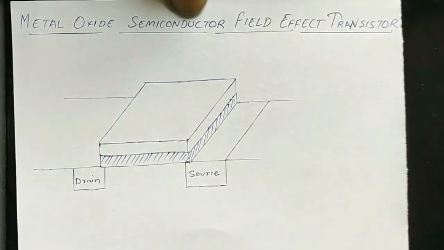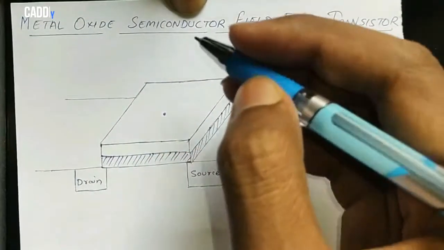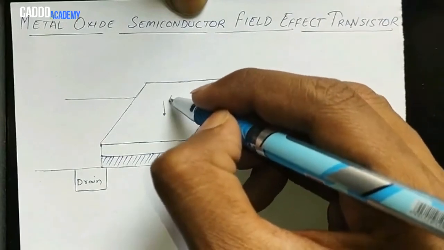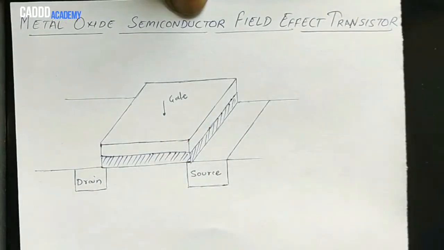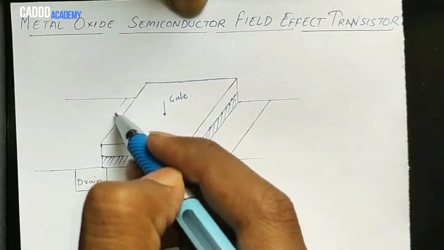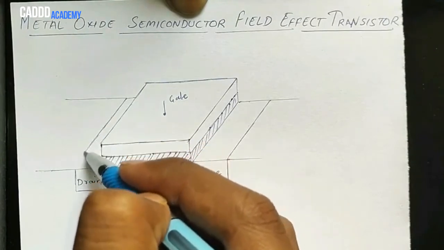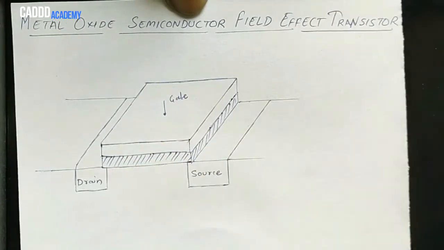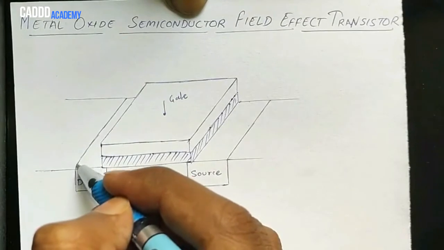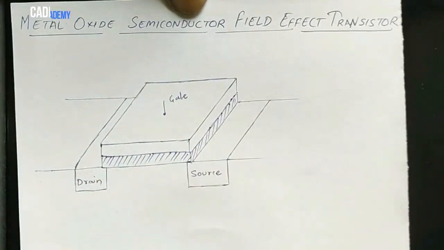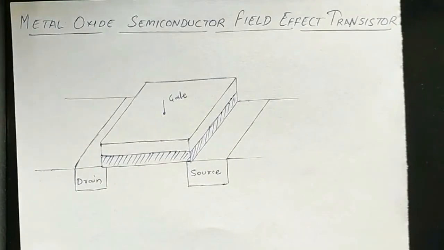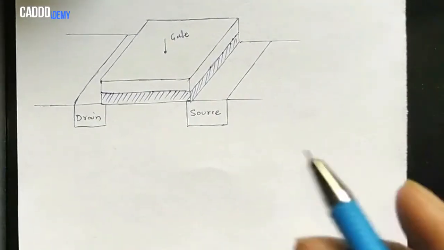A terminal taken out from the metal is called the gate terminal. So we have got three terminals. First one is gate, second one is source, and the third one is drain. And another fourth terminal is also there in the MOSFET, and that is what? Body terminal.